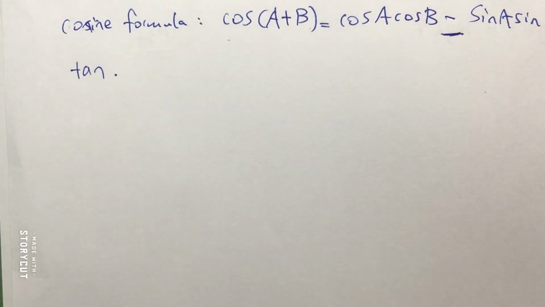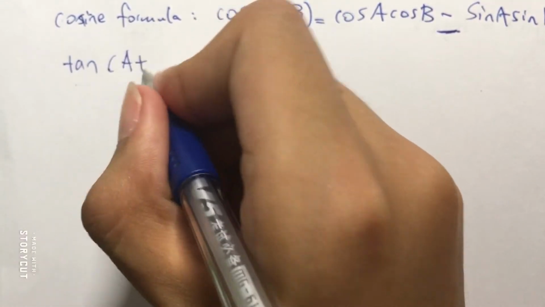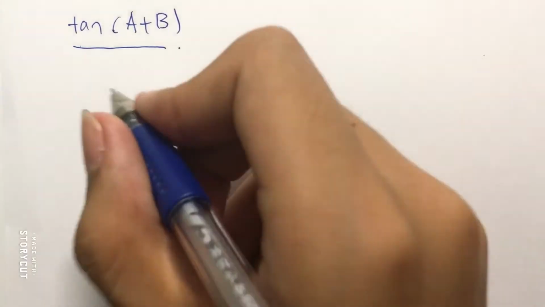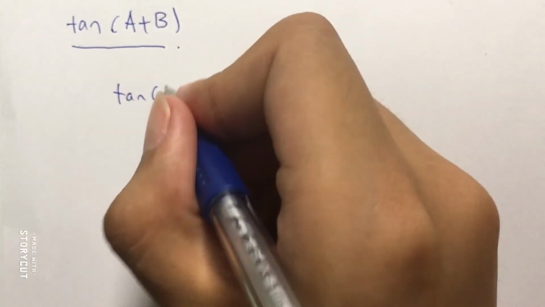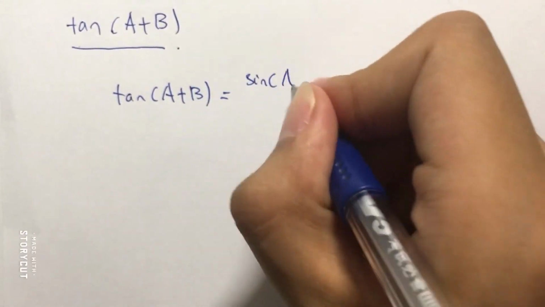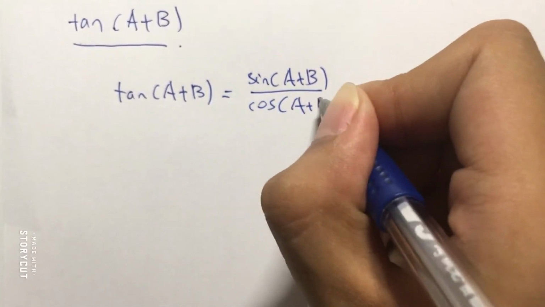Tan. We try to get tan (A plus B). Firstly, we know that tan (A plus B) is equal to sine (A plus B) over cosine (A plus B).